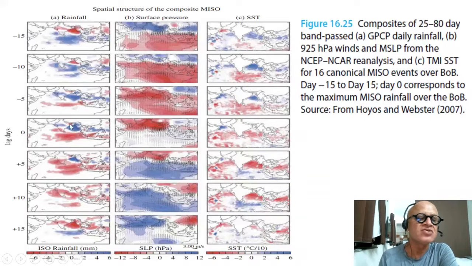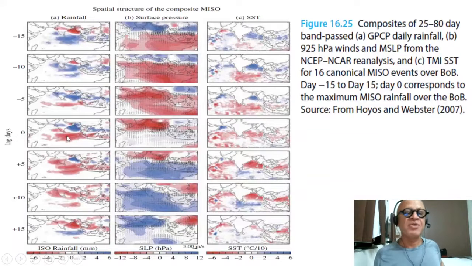So at day zero you have strong convection over the Bay of Bengal, almost covering the entire upper bay, and rainfall over the core monsoon zone, which is what is used to define the active period, whereas the peninsular India has the opposite phase with drier conditions, below the climatological mean, and the equatorial region has a break period as well.